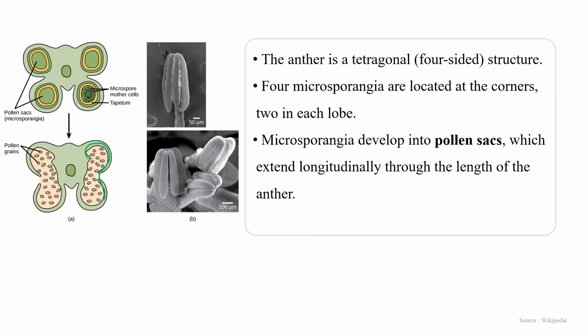This longitudinal structure contains pollen grains inside it. Now, sporangia develop into pollen grains which extend longitudinally through the length of the anther. This is known as a pollen sac, and these are packed with pollen grains.